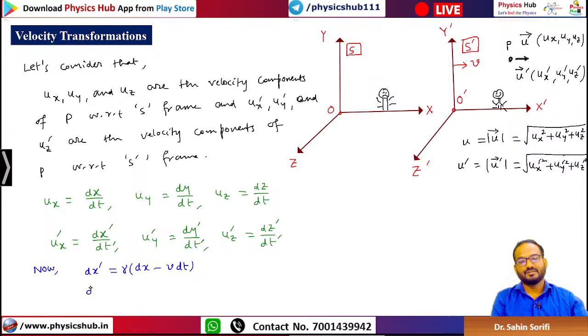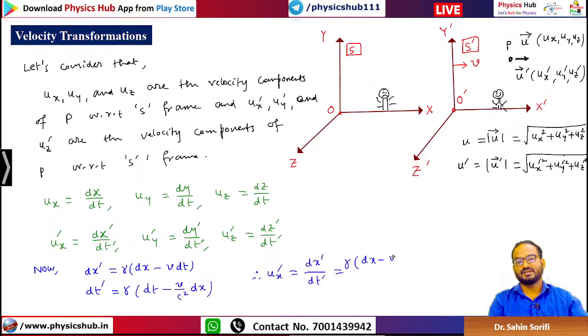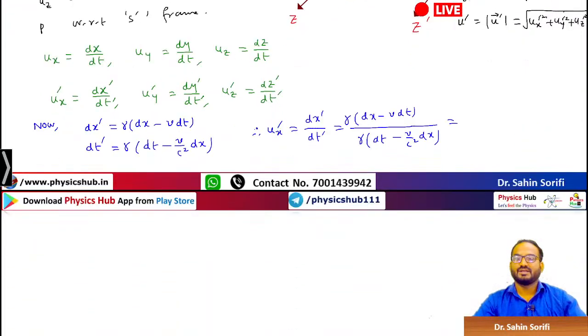You require dt prime, gamma times dt minus v by c square dx, and hence we can write ux prime, which is equal to dx prime by dt prime, is equal to gamma times dx minus v dt divided by gamma times dt minus v by c square dx. What does it mean? It means it's dx minus v dt upon dt minus v by c square dx.